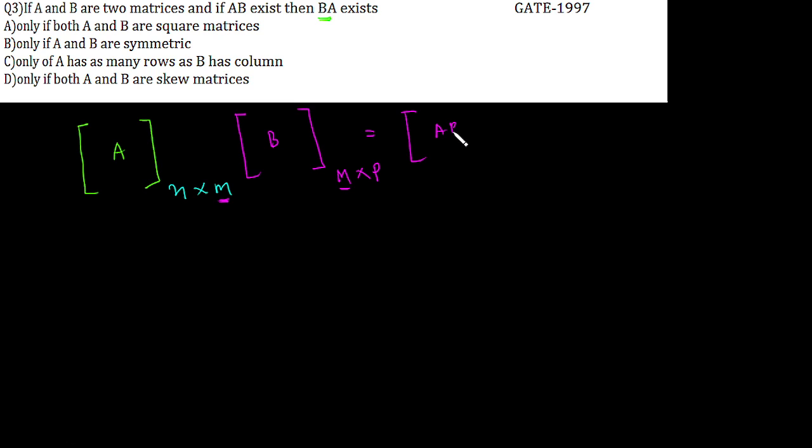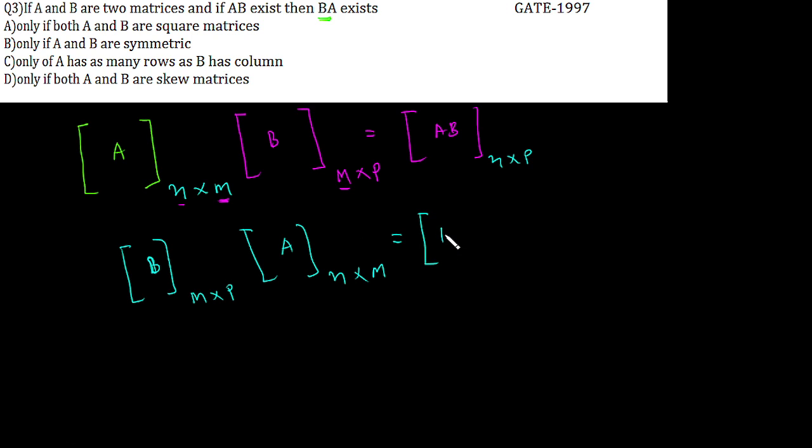So we can say AB exists, and it has an order of n cross P. So now we have to find the condition such that BA also exists. So let's write B first. Let's write its dimension as it is, m cross P, and let's write A here, and it has a dimension of n cross m.